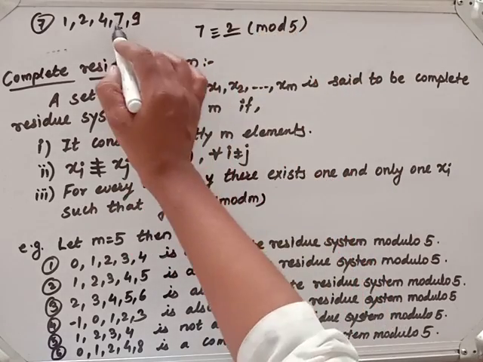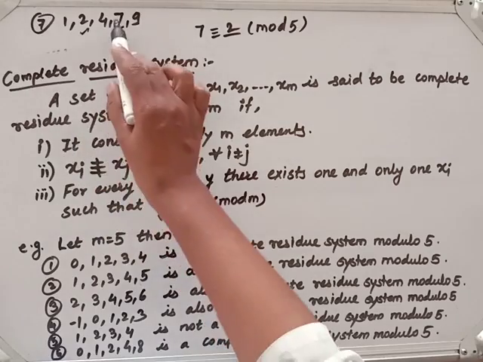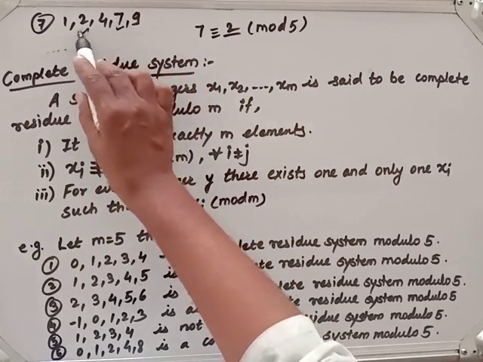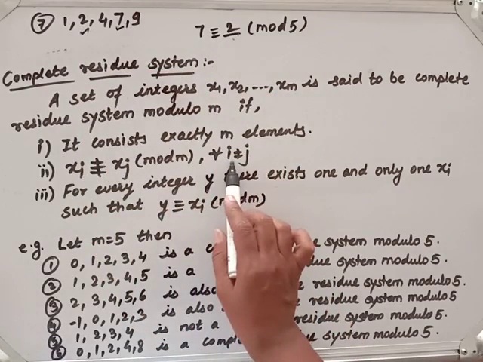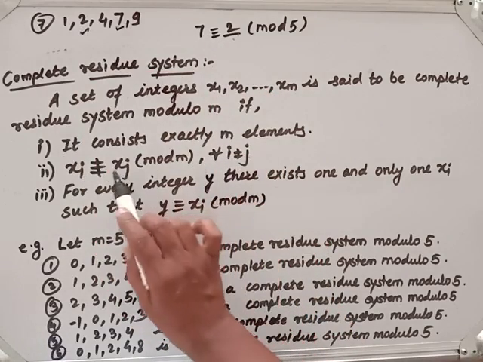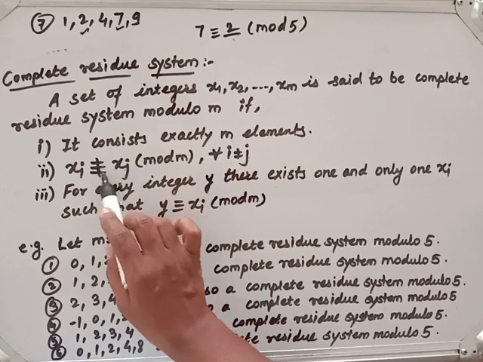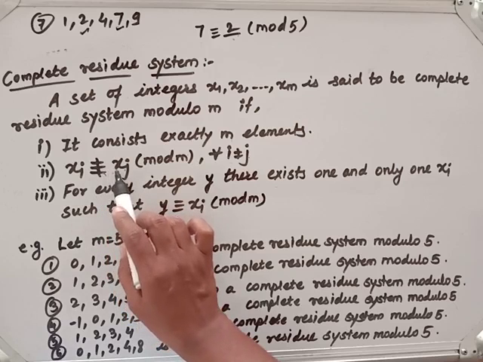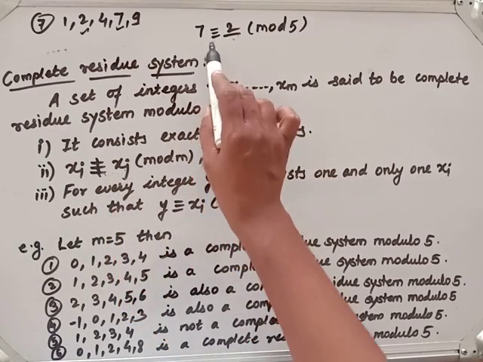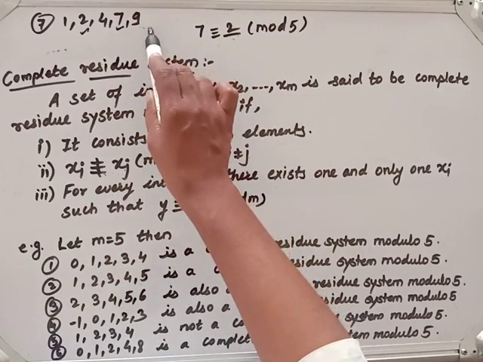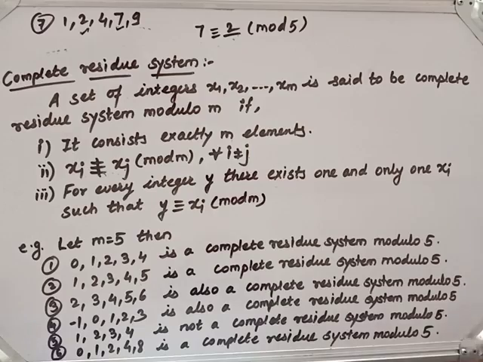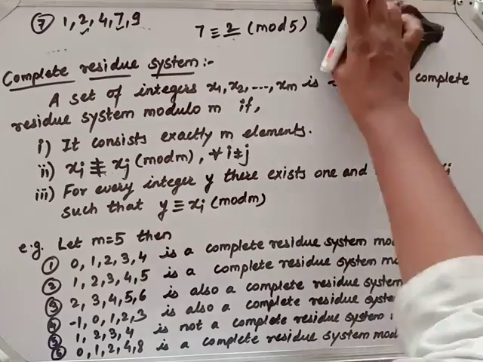2 modulo 5. So 7 is here, 2 is also here. These are not the same, but still they are congruent to each other. So this condition fails. Here we want them to be incongruent, but here they become congruent. So this is not a complete residue system modulo 5.